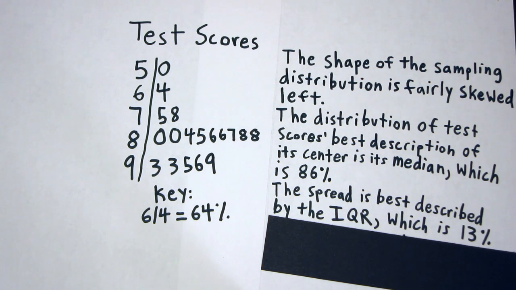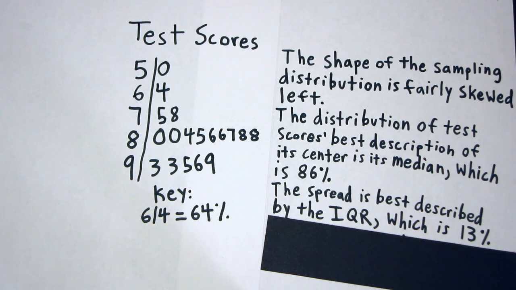We want to say percentage at the end because the IQR is a percentage in this case. If your units were grams, you would say however many and then grams at the very end. We always want to add units for context.